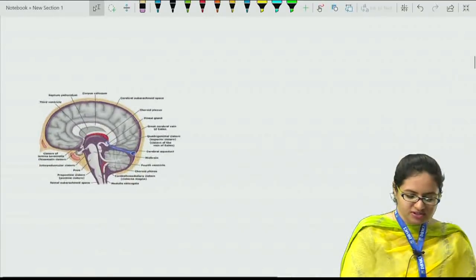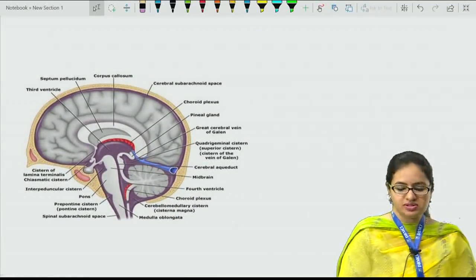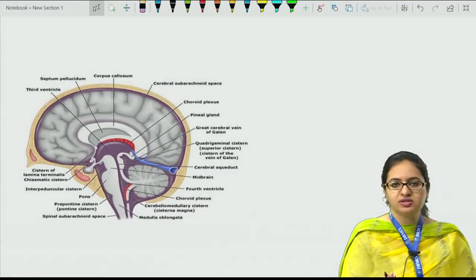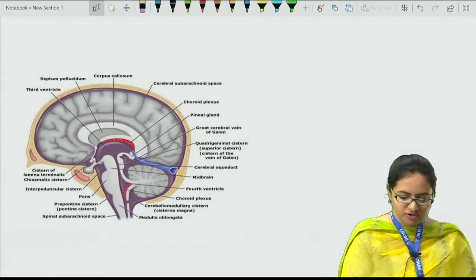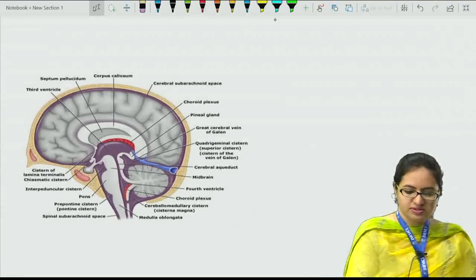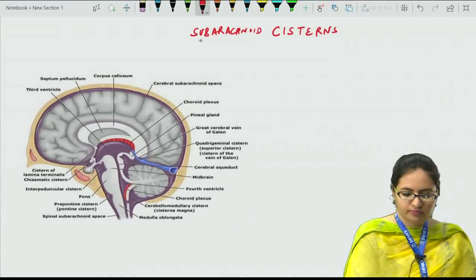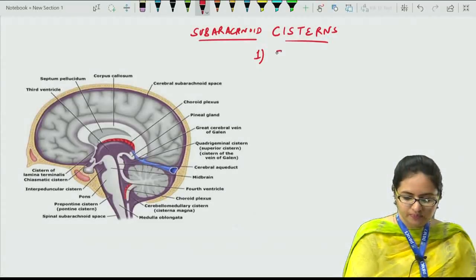Now if we talk about the cisterns, this picture is showing the various cisterns which are present. The cisterns are the collections, or the pools, of the CSF which are present within the subarachnoid space. These are the subarachnoid cisterns. In this, the largest cistern is the cisterna magna.